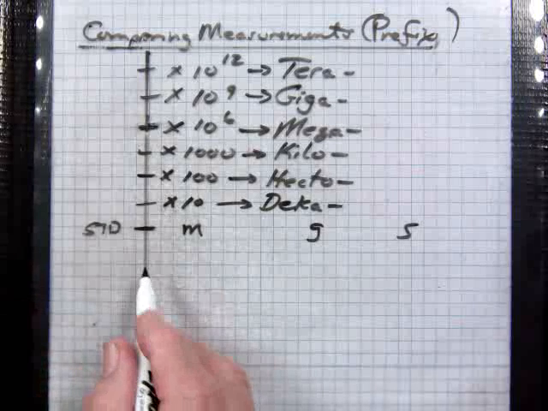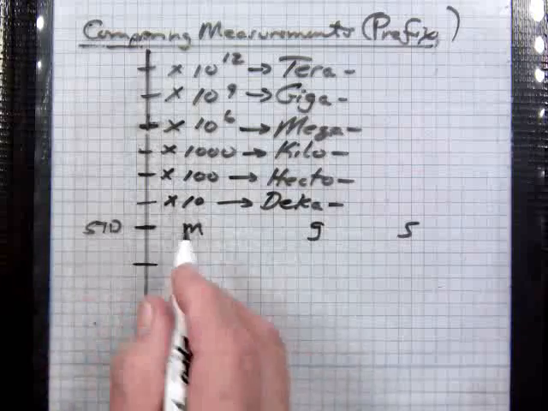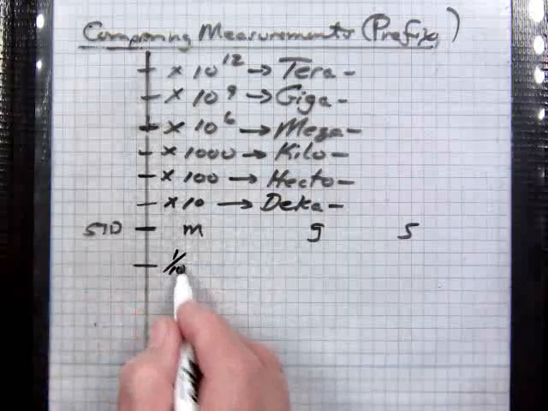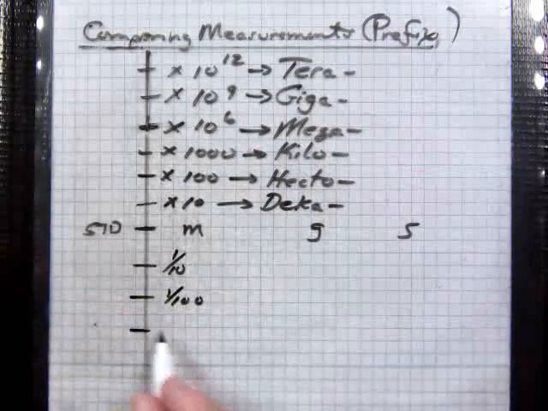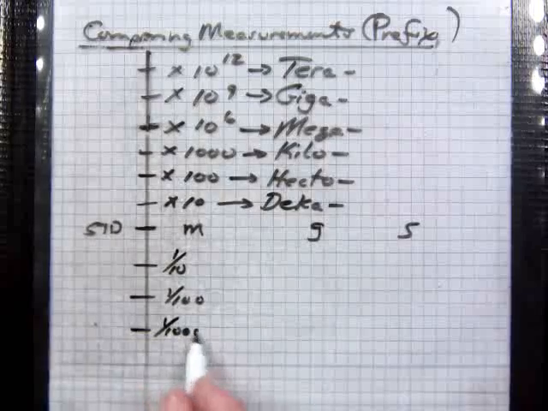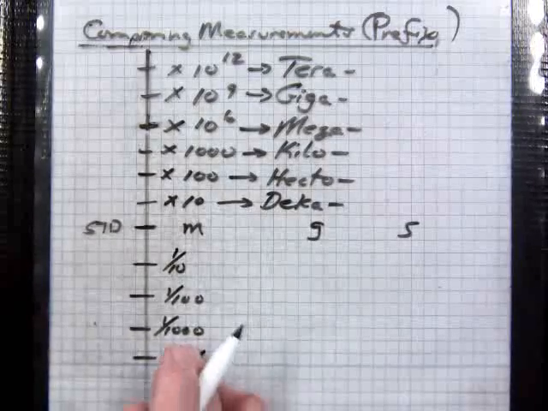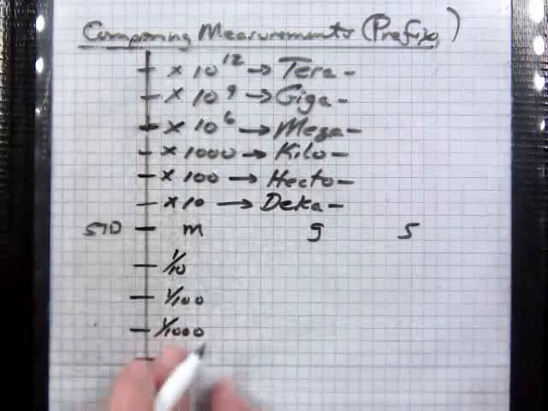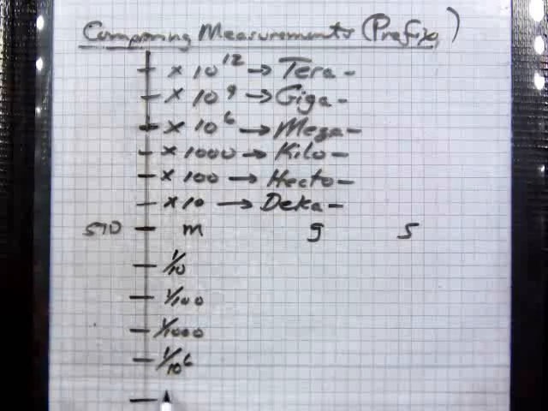Now, when we go to fractions, we go to 1/10. So I'm going to put some of these: 1/10, and then 1/100, and 1/1000, then 1/1,000,000th, 10 to the minus 6. We'll just stop at a billionth on that one.